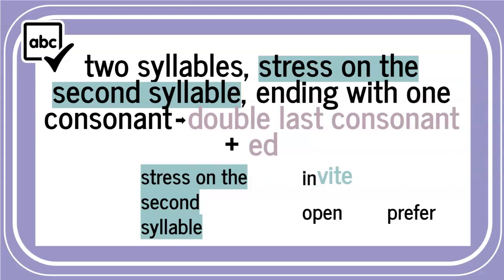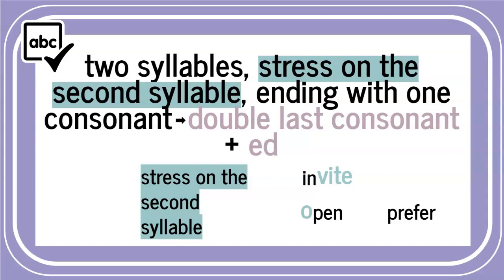Right? Invite, the stress is on the second syllable. Invite. So we have it soft and then loud. Invite. So stress is on the second syllable. Open. Stress is on the first syllable. So it's loud and then soft.